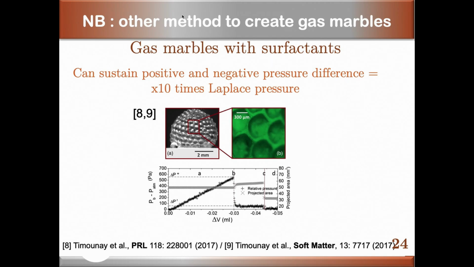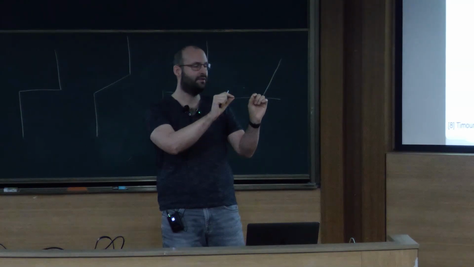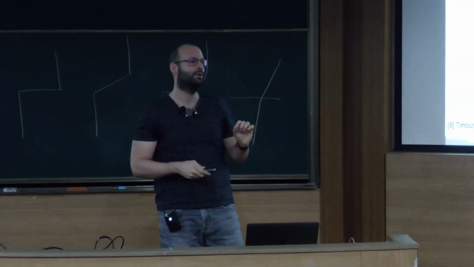There is some difference in the fabrication, and one big difference is that in their case, they need some surfactants. So here they have some surfactants, while we don't have any surfactants. So this makes a difference because in their case, if you inject some air inside your bubble, because of the surfactant, even if the particle distance increases and you have some film in between, it will remain stable.